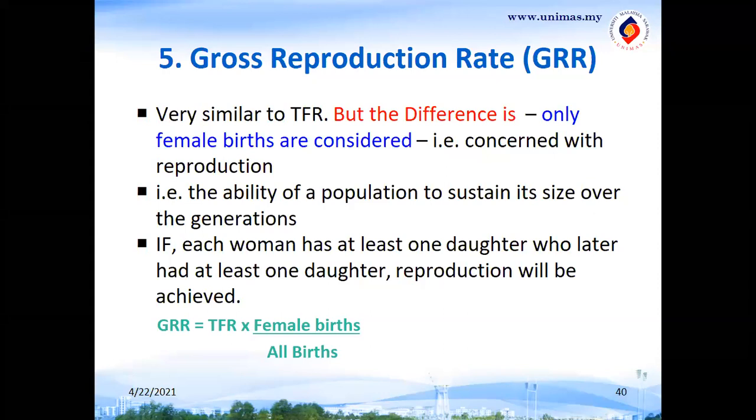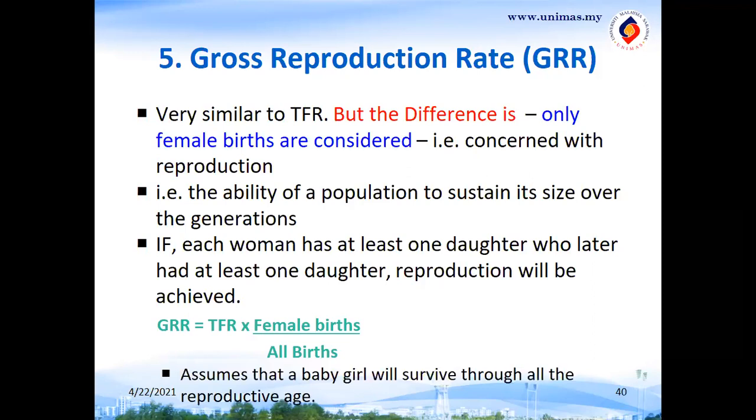Okay, so maksudnya kalau kita lihat di sini, if the number of female births are less than the number of male birth, maka nilai GRR itu makin rendah lah, ya, kurang daripada 1. Right? So if it is, betul ya, bukan kurang daripada 1 sebenarnya, kurang daripada 0.5. Alright.